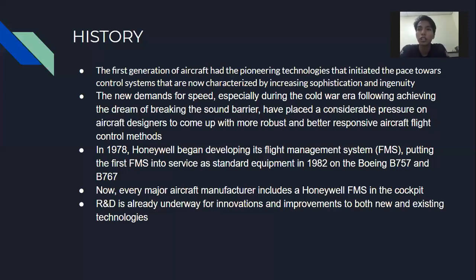In total, Honeywell FMS has 15 distinct baselines flying on more than 14,000 aircraft. It currently totals around 1 million source lines of code and increases perhaps 2% per year. R&D is already underway for innovation and improvement to both new and existing technologies. For example, for trajectories, future navigation systems require time of arrival and trajectory-based optimization.